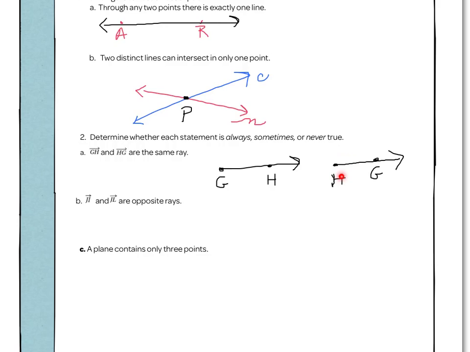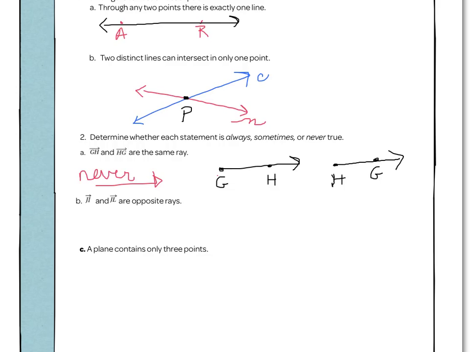So if we were to try and say that these were exactly the same, we're saying it doesn't matter where the endpoint is, and it actually does. So this could actually never be true. Never, ever be true. Okay? If it says G as the ending point, it has to be G. If it says H as the ending point, it has to be H.